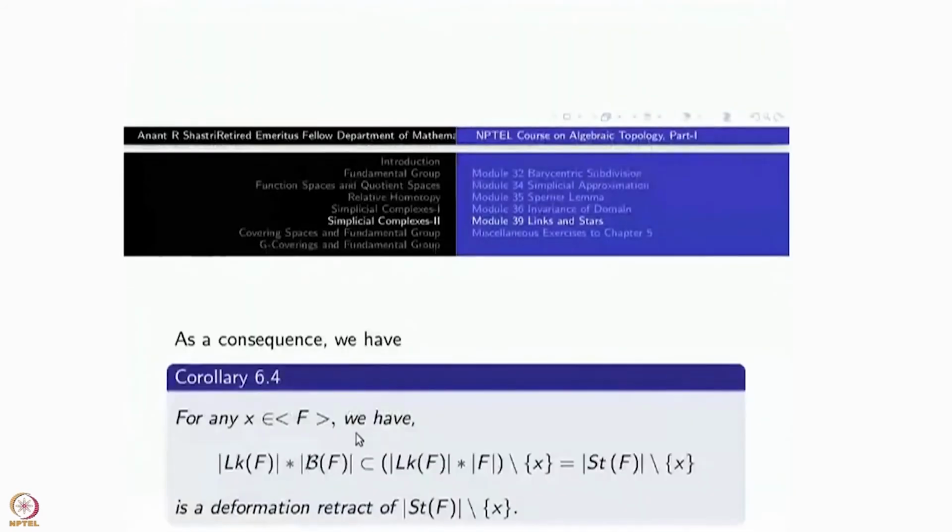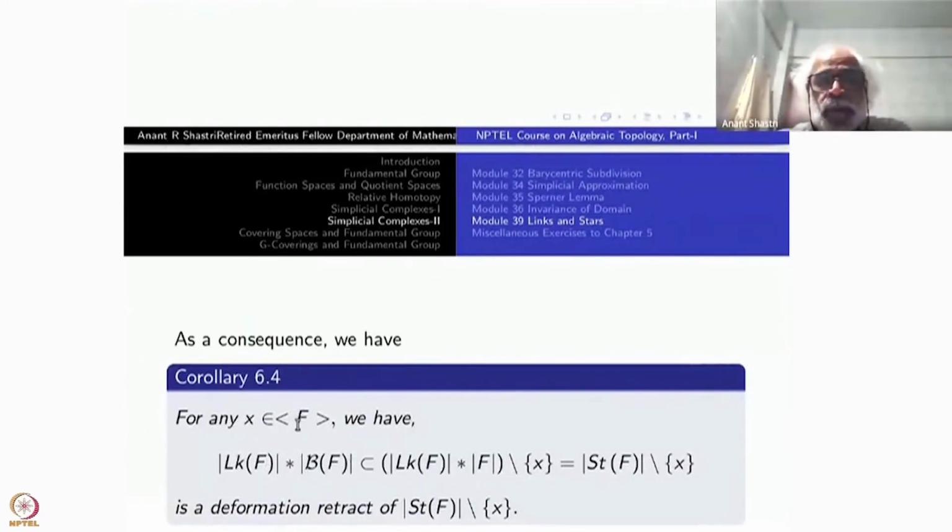Now, as a consequence, in particular, take any point X inside the open simplex. Then we have link of F joined with the boundary complex of F, instead of taking the full thing, is contained inside the star of F minus X, right? X is a single point here. So you throw away that point, which is not there anyway in the whole thing also because you have taken the boundary here.